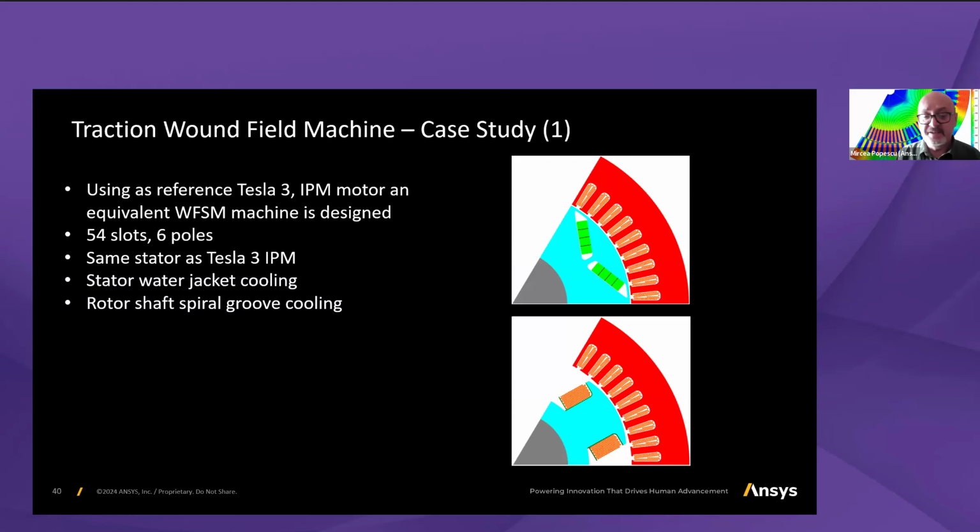Obviously, you can change the winding number of turns per coil and the pattern, and swap the rotor from the IPM with the synchronous wound-field topology. Additionally, we included a cooling rotor shaft using rotor shaft spiral groove cooling. So the water ethylene glycol cooling liquid that was used for the stator is being used as well in the rotor.